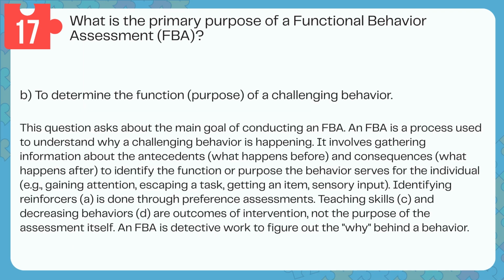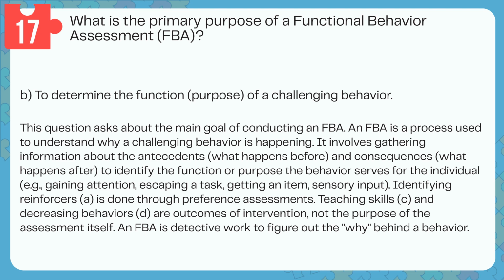Answer: B. To determine the function, purpose of a challenging behavior. This question asks about the main goal of conducting an FBA. An FBA is a process used to understand why a challenging behavior is happening. It involves gathering information about the antecedents, what happens before, and consequences, what happens after, to identify the function or purpose the behavior serves for the individual.